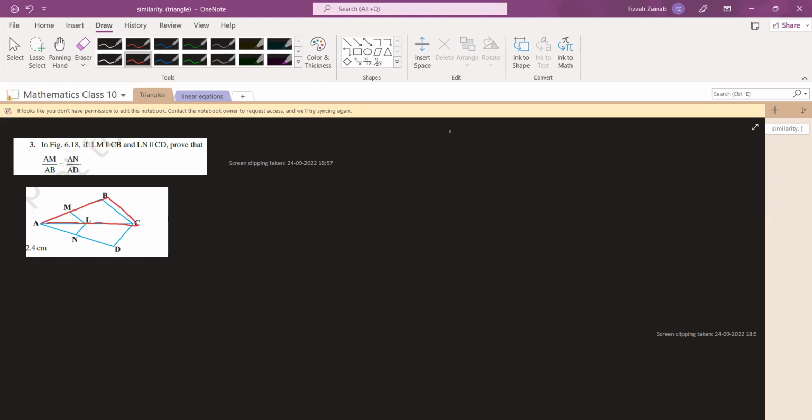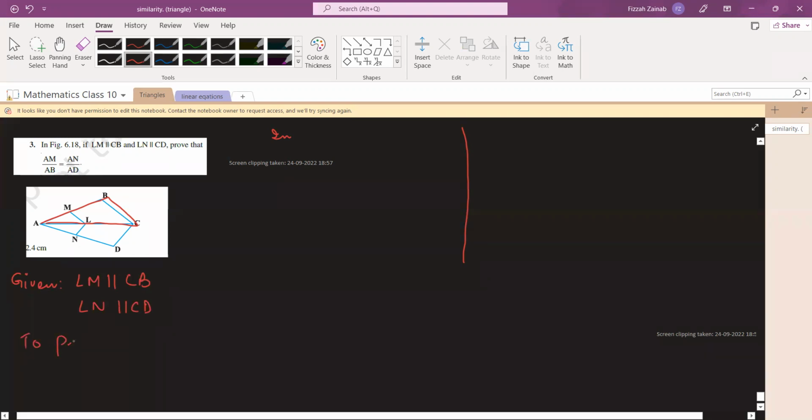First of all, always write whatever is given. It is given that LM is parallel to CB, and LN is parallel to CD. And then what you have to prove? You have to prove AM upon AB is equal to AN upon AD.